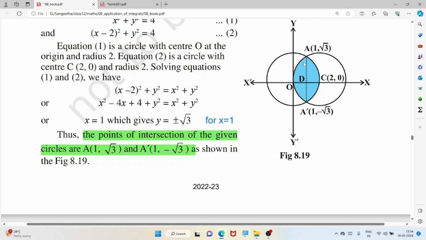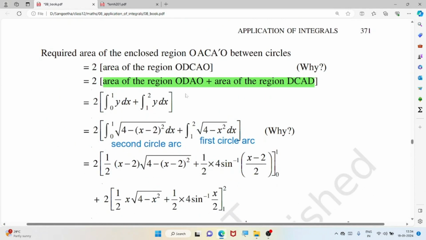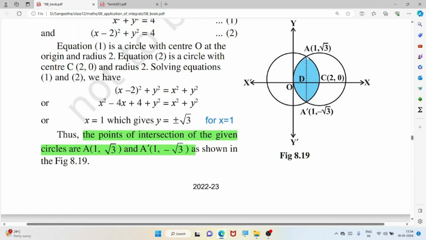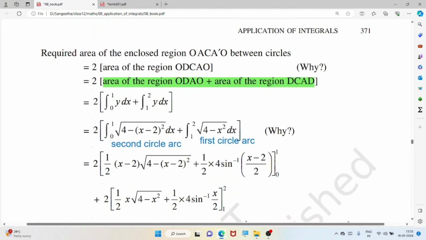This curve is different and this curve is different, with different formulas. This is y dx. Here the limits are different, so y dx from this limit to this limit.